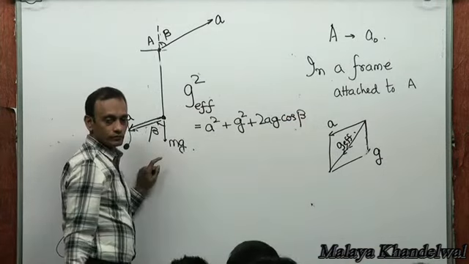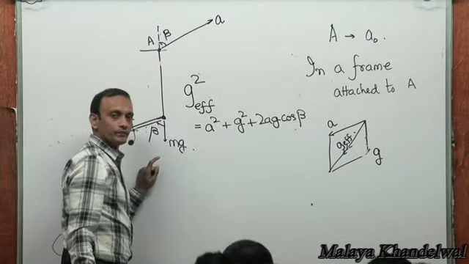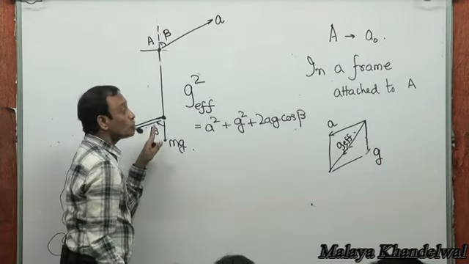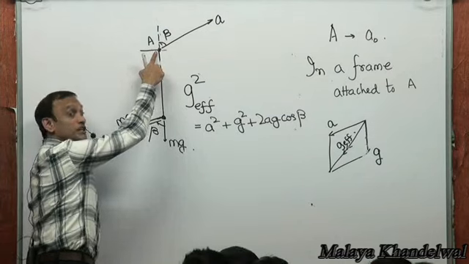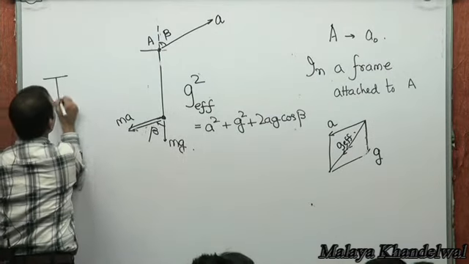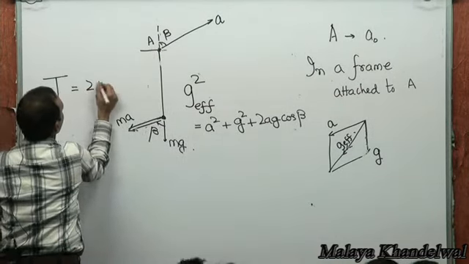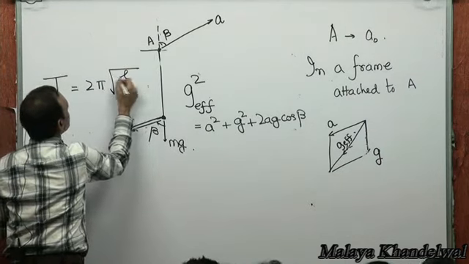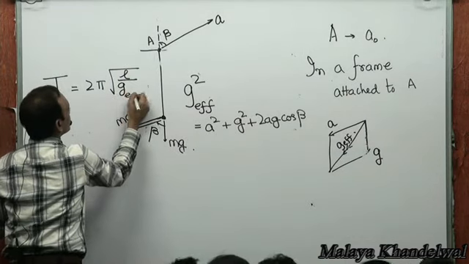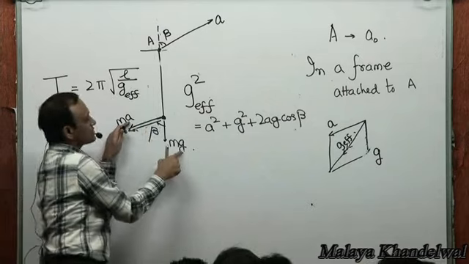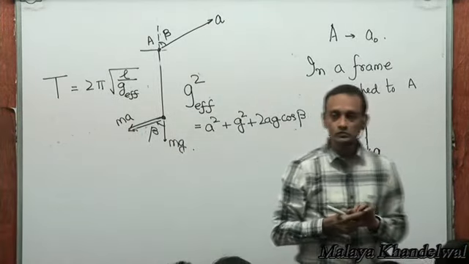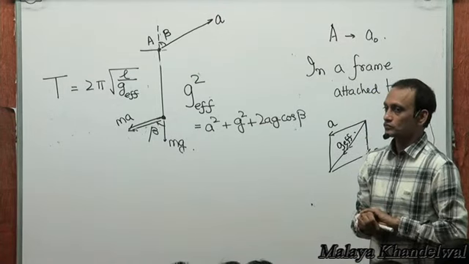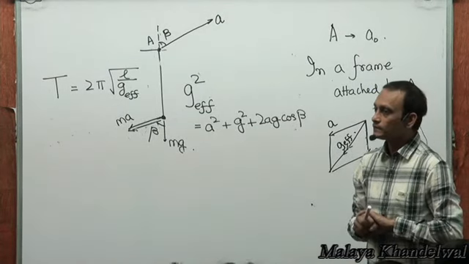So the effective time period in a frame of reference attached to A is going to be given by 2 pi root L by g effective, where g effective is the vector sum of this g and this a, making an angle beta with each other.